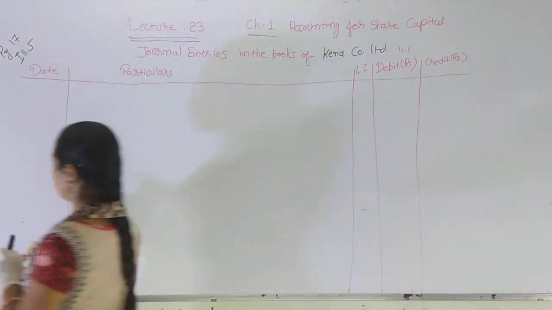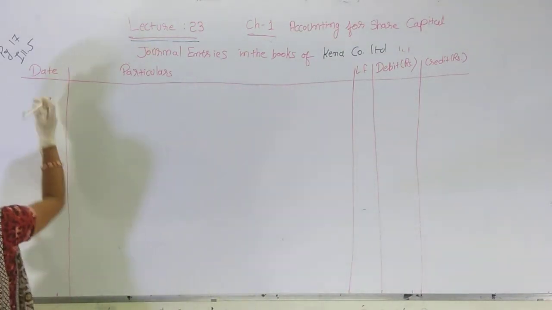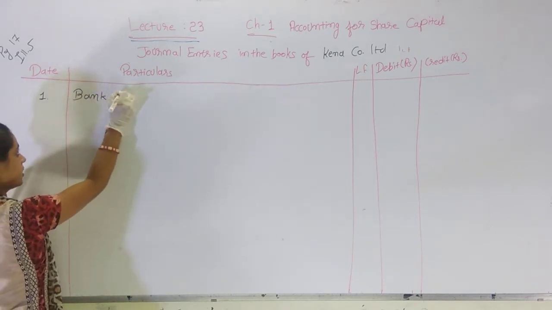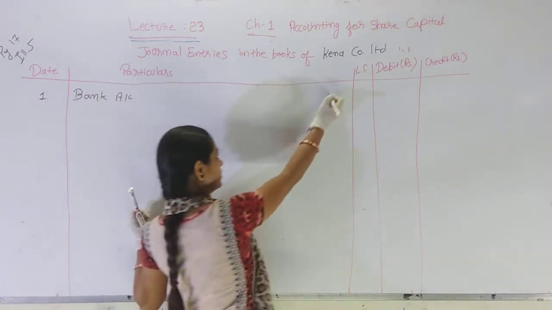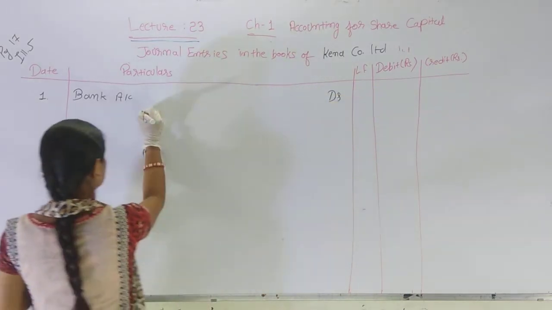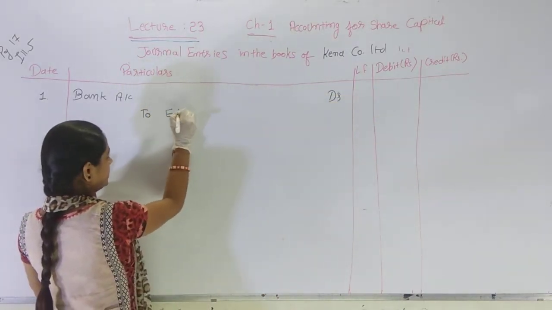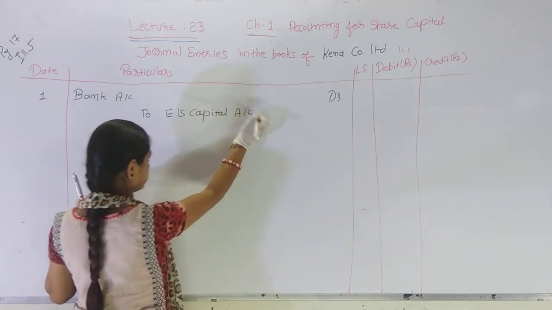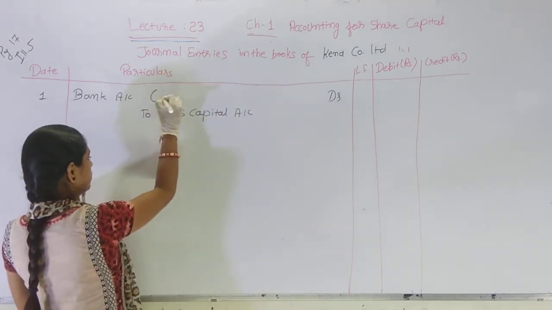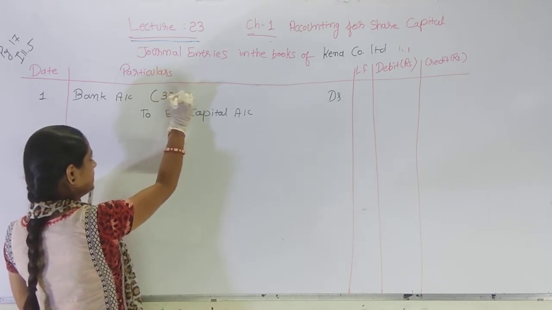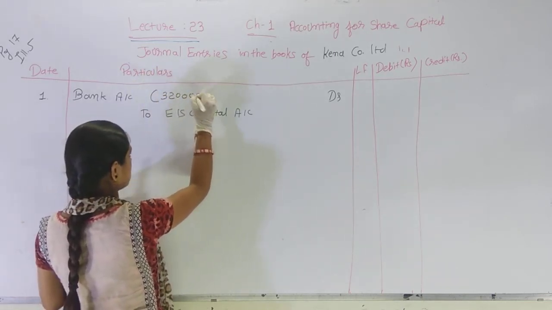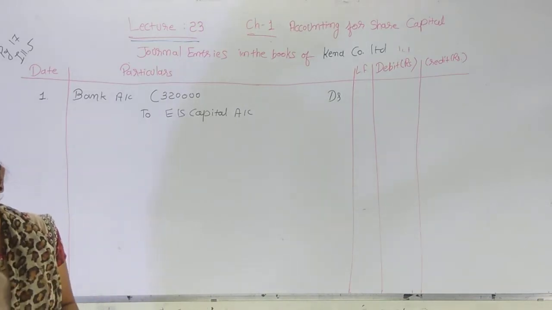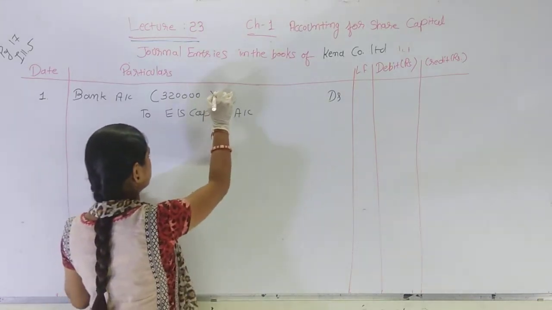First entry will be for receiving application money, right? That will be the same. Bank account debit to equity share capital account, right? In total we have received applications for 3,20,000 equity shares and the amount of application is 40 rupees.